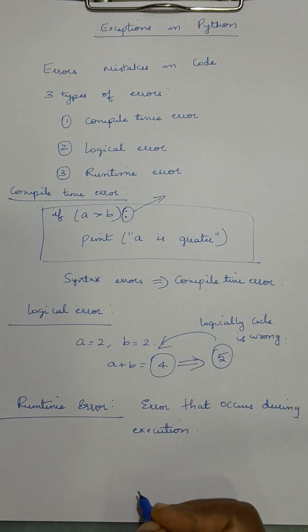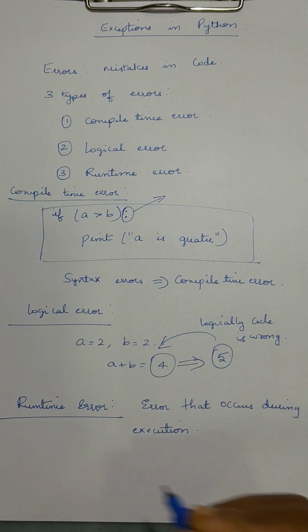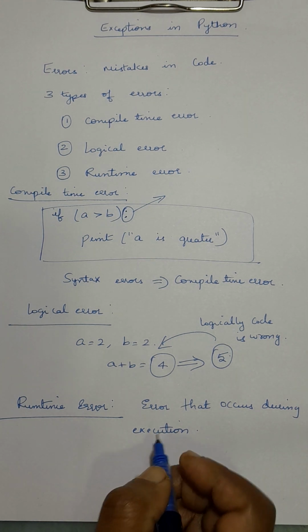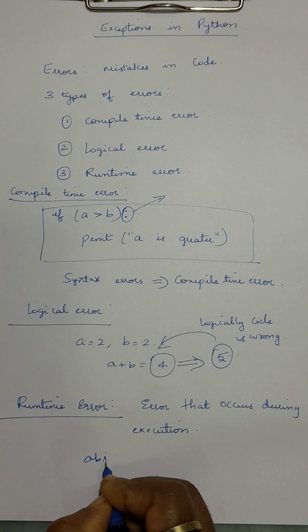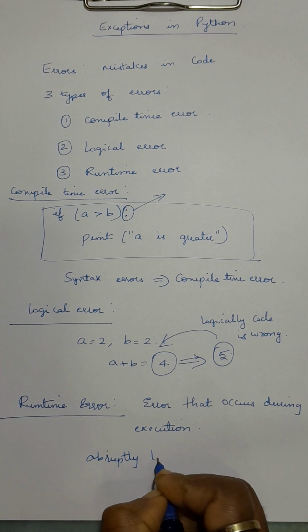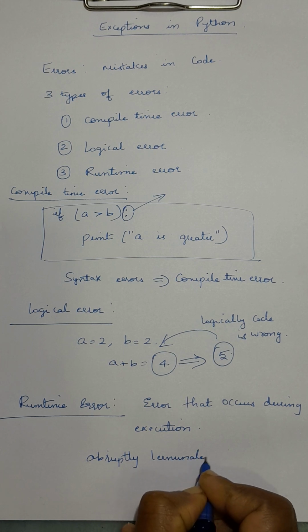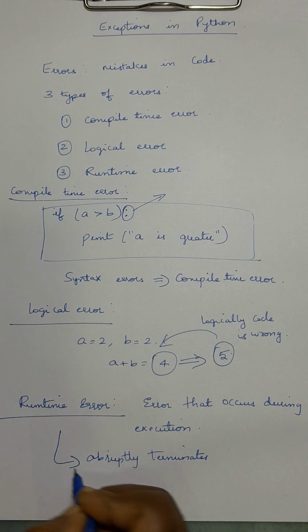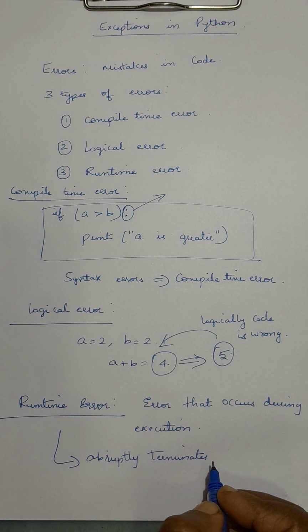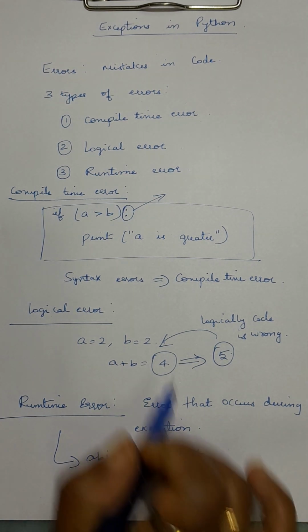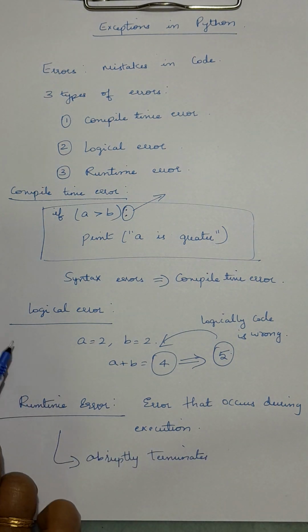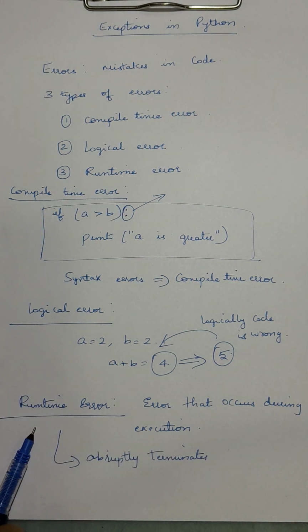When a program has started its execution, at that time if any error occurs, it is called a runtime error, which means the program will be abruptly terminated. The program will stop its execution. So these are three types of error: compile time, logical error, and runtime error.